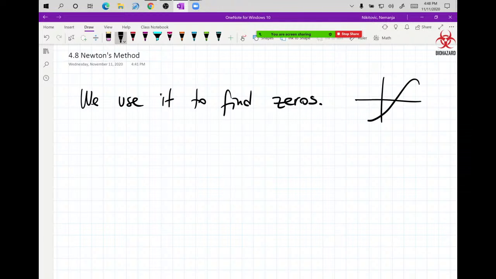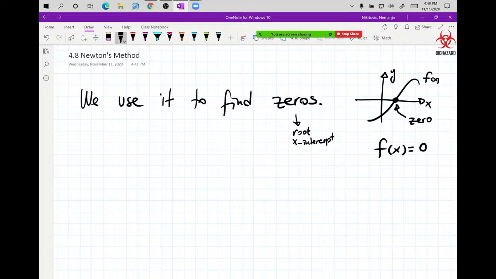A zero is where the function cuts through the x-axis. This is literally where f of x is equal to 0. That's why it's called zeros, right? Or it's also known as a root, and it's also known as an x-intercept.